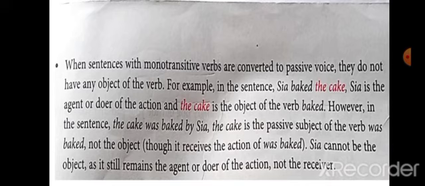However, in the sentence, the cake was baked by Shia, the cake is a passive subject of the verb was baked, not the object, though it receives the action of was baked. Shia cannot be the object as it still remains the agent or doer of the action, not the receiver.